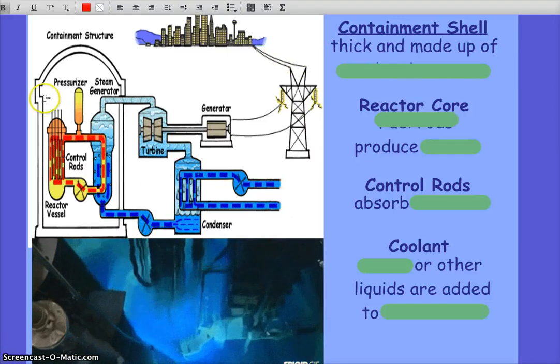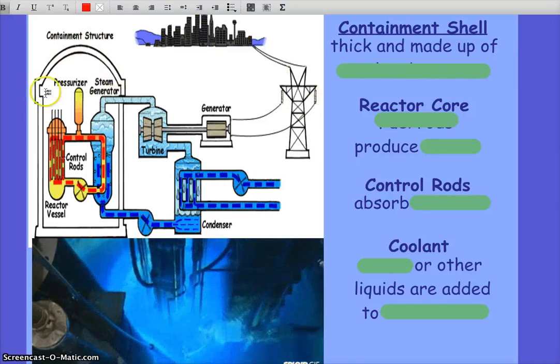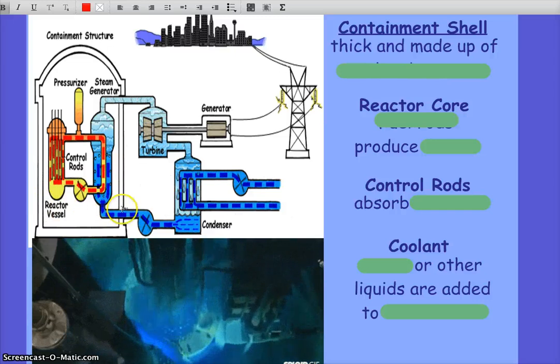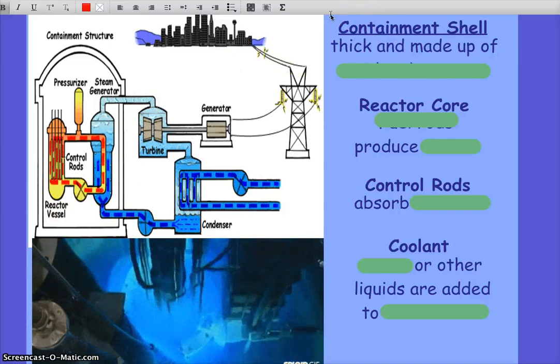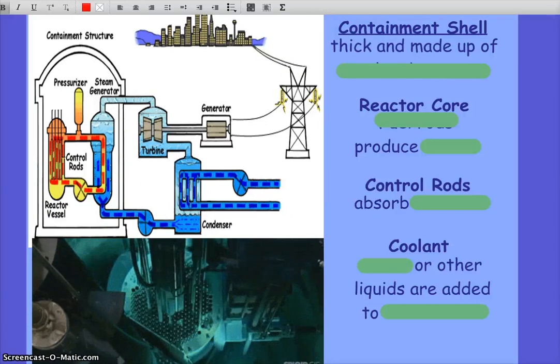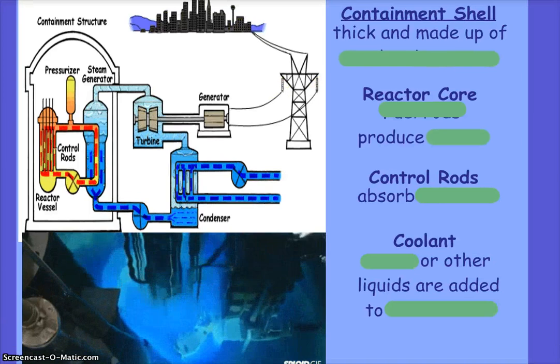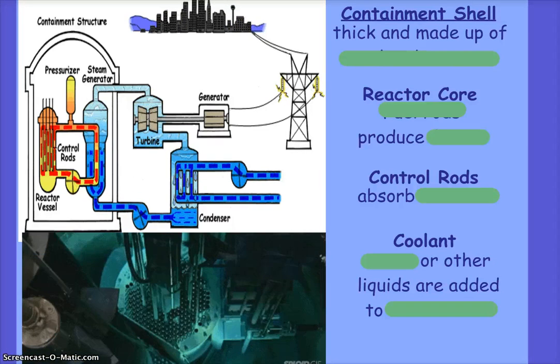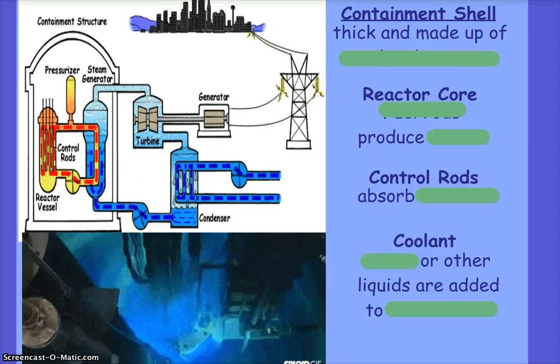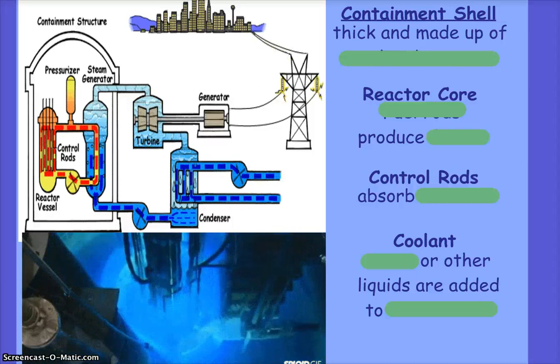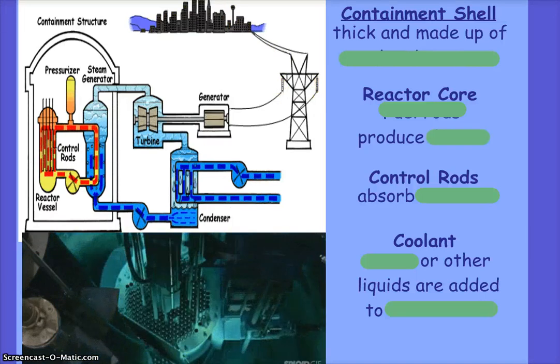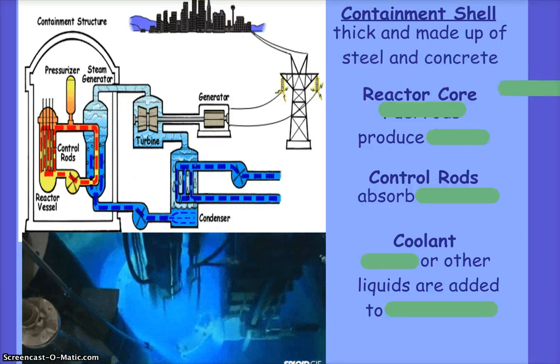So I'm going to start with this structure right here, which is called the containment structure. The containment structure or containment shell is thick. I'm talking about thick, possibly the size of this room, thick walls made of what? What kind? Strong steel? Platinum? That would be expensive. Nuclear reactor.